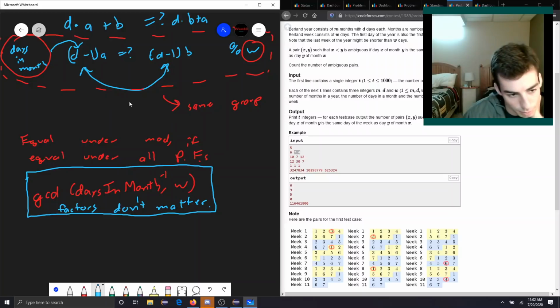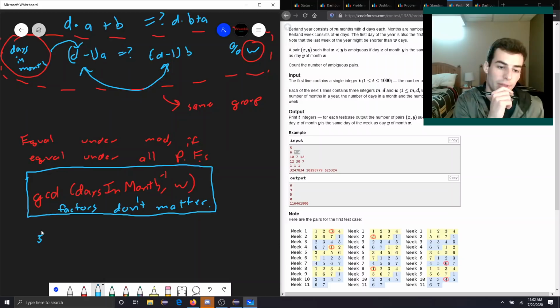So if we have some number like, yeah, we want to figure out the size of each group, right? That's the idea. The number of things in each group is at most this GCD. So we're interested in factors of this GCD now.